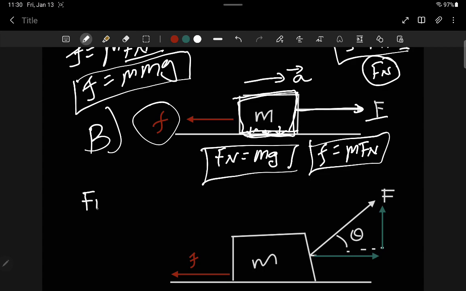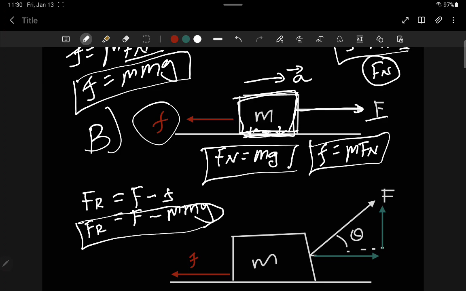The resultant force is equal to the applied force F minus the frictional force. The frictional force is mu times the normal force, or mu times the weight. So the resultant force is the applied force minus mu times the weight. This is how you calculate the resultant force in a case like B.